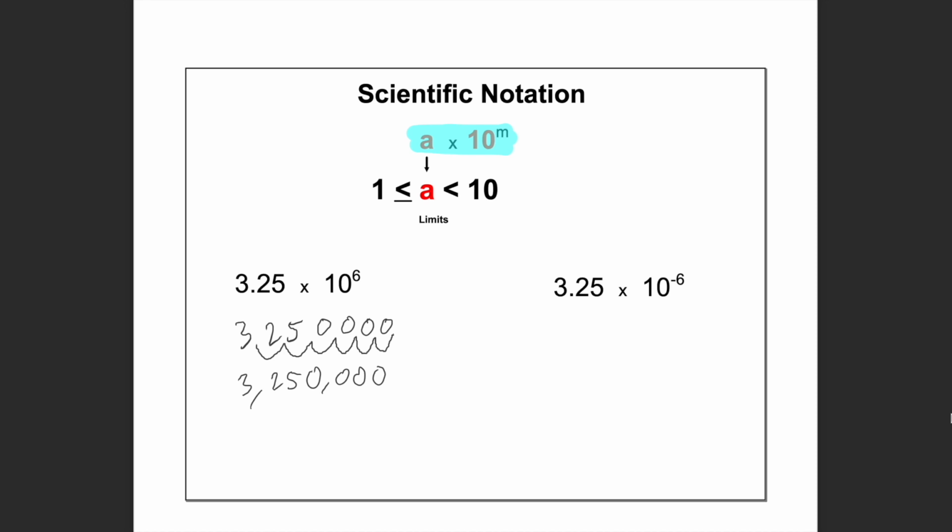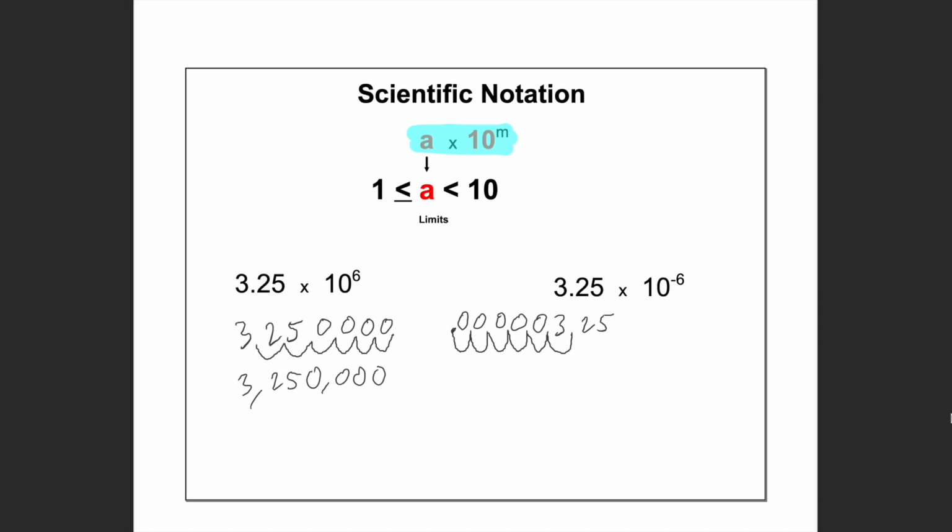On the other one, very similar, 3.25 times 10 to the negative 6. You take the 3.25, but this time, since it's negative, you move the decimal point to the left. So 1, 2, 3, 4, 5, 6. And so we have the decimal point here. 1, 2, 3, 4, 5, and the 3 makes 6.